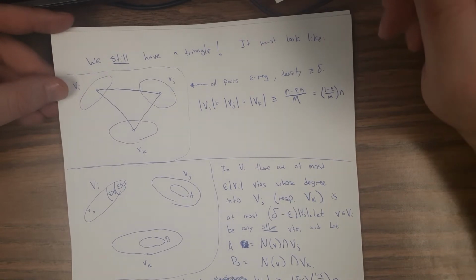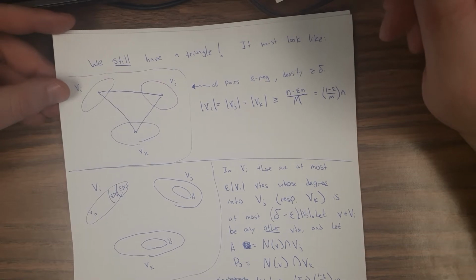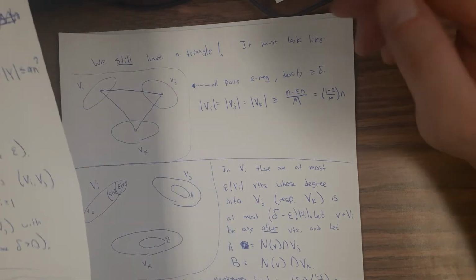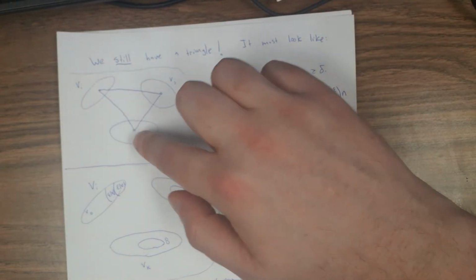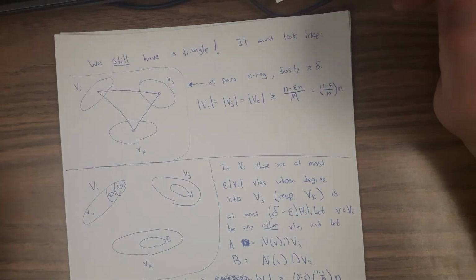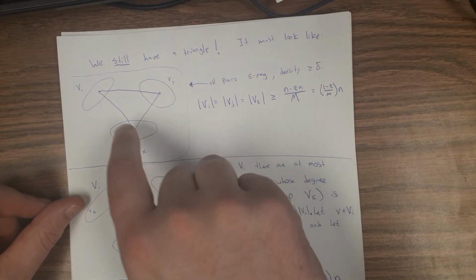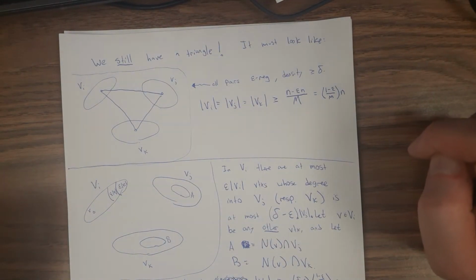So how could we possibly have a triangle in that graph after removing all of the edges that we removed? Well, it would have to be a triangle with 3 vertices in 3 different parts because we removed all of the edges within parts.